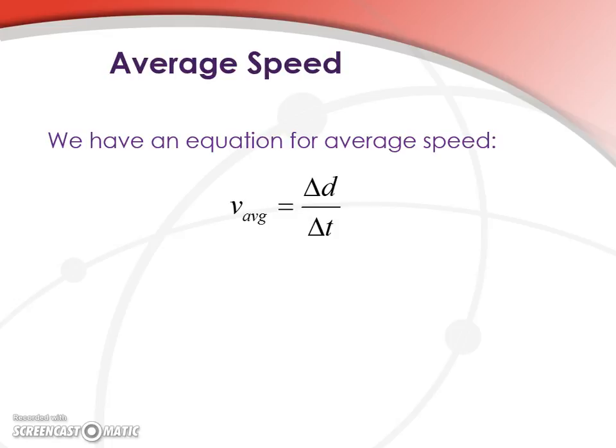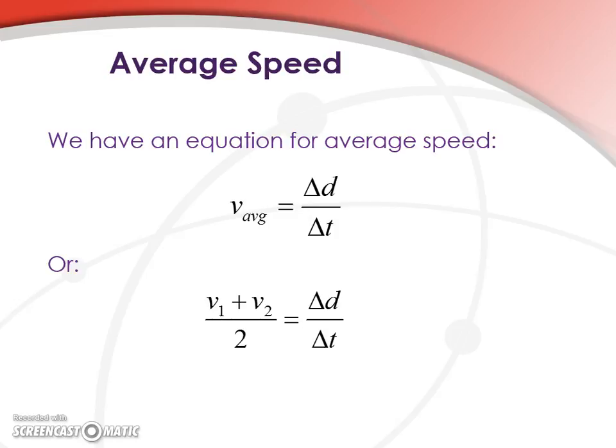Really, kinematics can be distilled down into what amounts to 2 equations. The first is here, average speed. So if we have a starting speed and a final speed, we take an average of that.